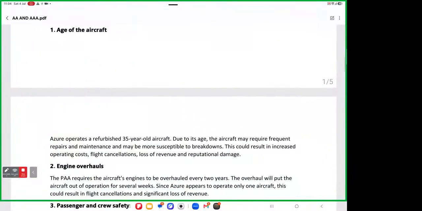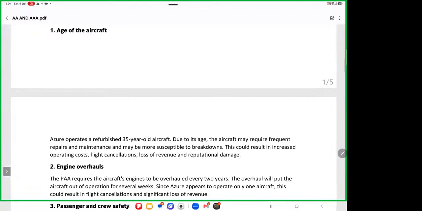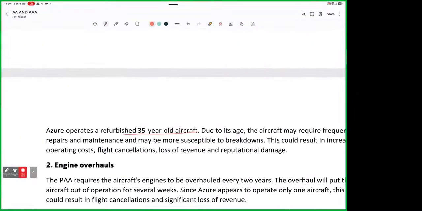You see, Azure operates a refurbished 35-year-old aircraft. Due to its age, the aircraft may require frequent repairs and maintenance, and may be more susceptible to breakdowns. This could result in increased operating costs, flight cancellations, loss of revenue, and reputational damage.